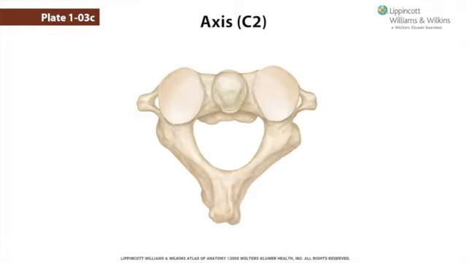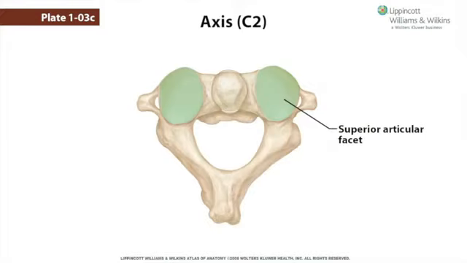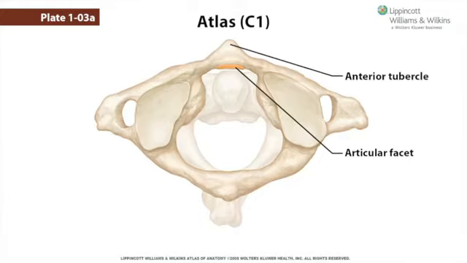The axis is the strongest cervical vertebra. Its name is inspired by the fact that the atlas rotates upon its broad, flat superior articular facets, allowing the head to turn back and forth. It has a tooth-like process called the odontoid process, or dens, projecting superiorly from its body and articulating with the anterior surface of the vertebral foramen of the atlas, where there is an articular facet just posterior to its anterior tubercle.